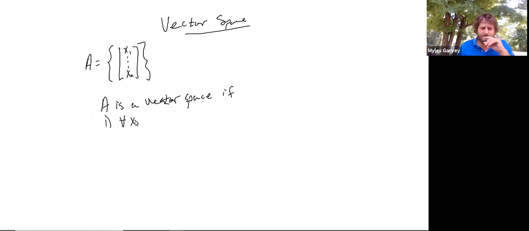For all vectors x1 and x2. Now, I want to be very, very clear about this. I put an arrow here. x1 does not refer to this element. x1 refers to a vector, which itself has elements.